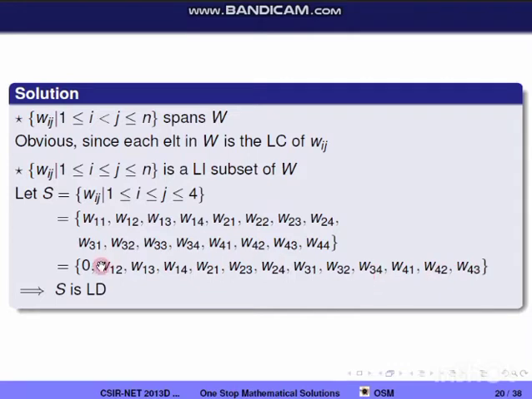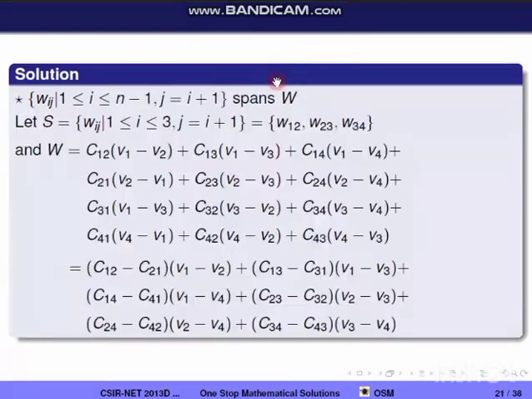And this contains 0 as an element. So S is a linearly dependent set. So for n equal to 4, we are getting this set as linearly dependent. Therefore, for the general n case, the set will be linearly dependent. So this option is wrong.